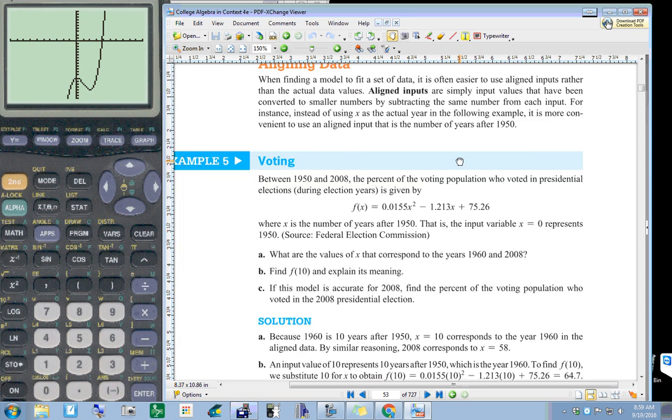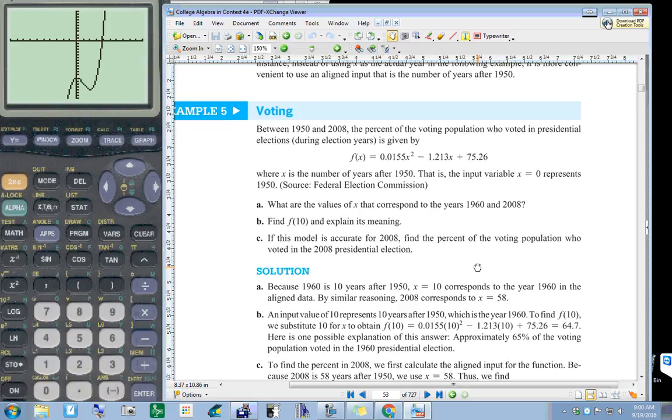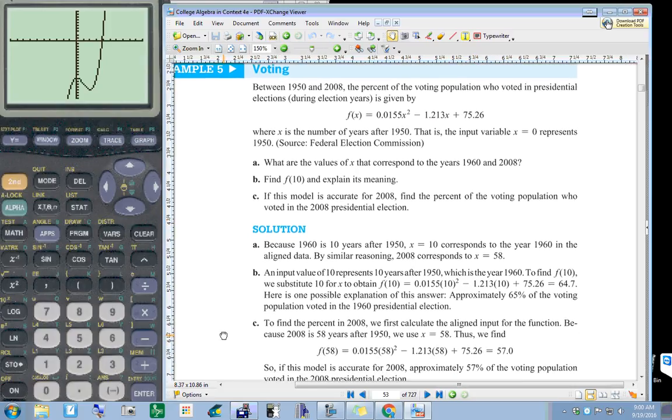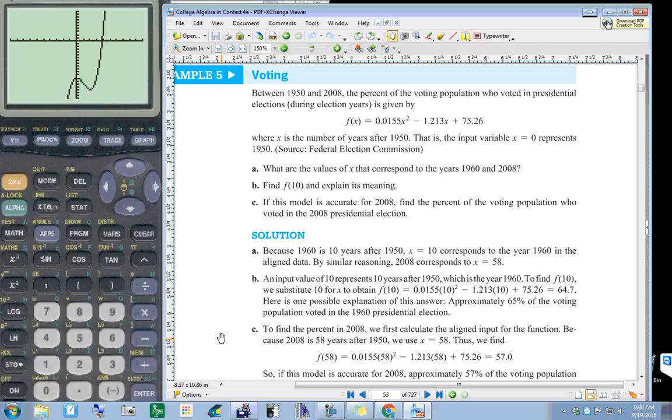Let's see. Now, here is something that you need to catch on to. It's that between 1950 and 2008, the percent of the voting population who voted in presidential elections is given by that function.